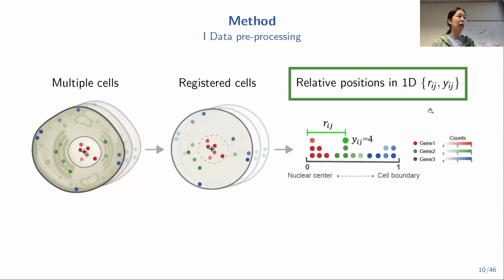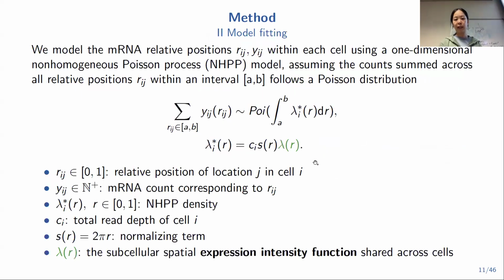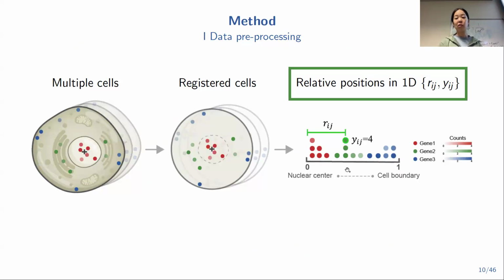What the input for our model really is, is the 1D distance, the distance between 0 and 1 we just computed. So our model so far only models patterns in 1-dimensional space. After computing this 1-dimensional distance, like how far this point is from the registered center, we can place those points on this 0 to 1 one-dimensional interval. The intuition is, for example, if we look at those red points in the original cell, they're quite in the nucleus, right?